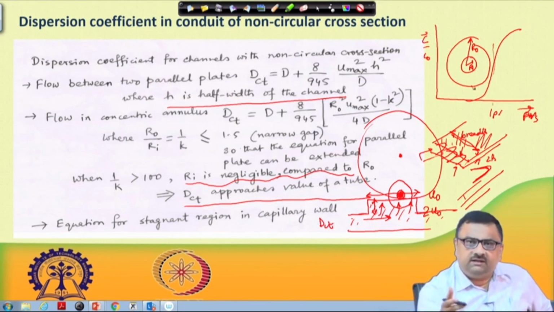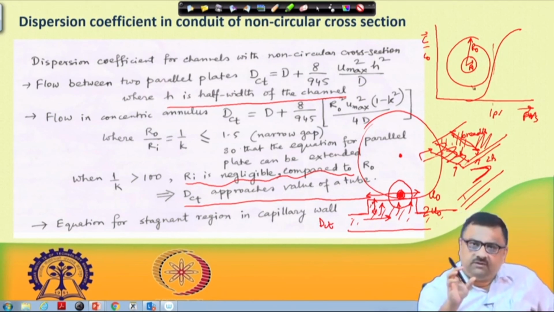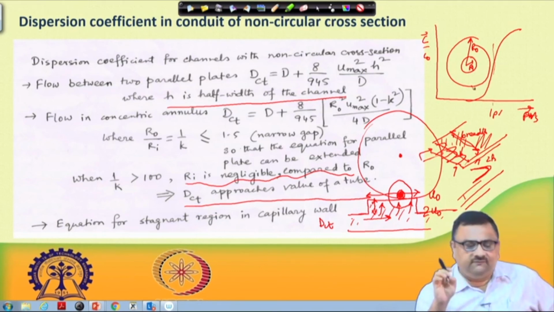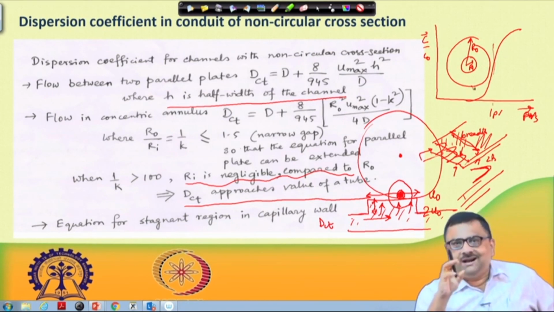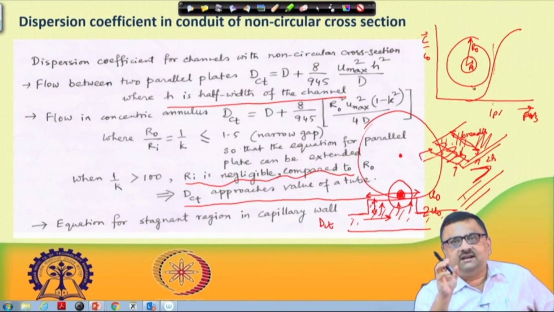That is one way. The other way is if we look at it completely from first principles: I have a circular cross section of capillary. Now, instead of circular I have an annular, concentric annulus. Instead of circular I have flow between two parallel plates. Instead of circular I have a circular cross section, but attached with this stagnant zone.